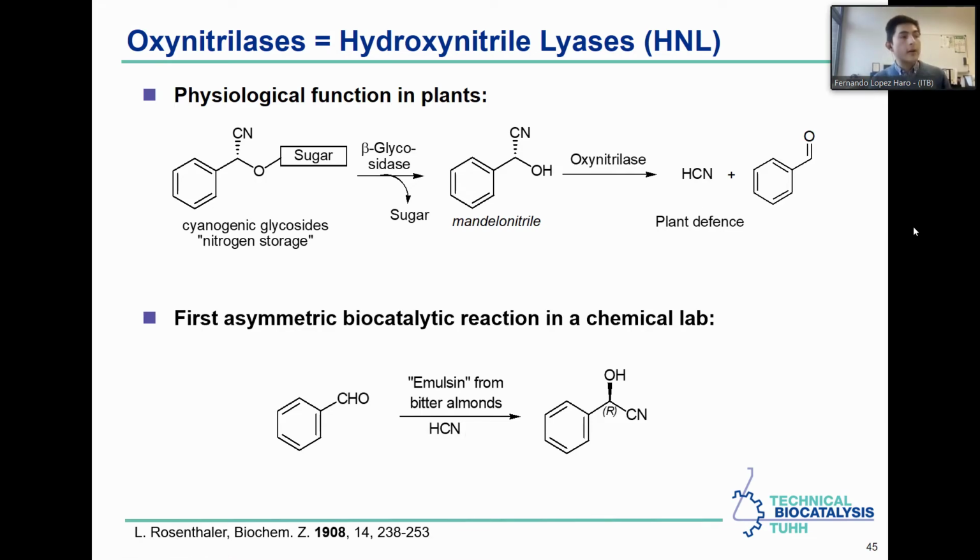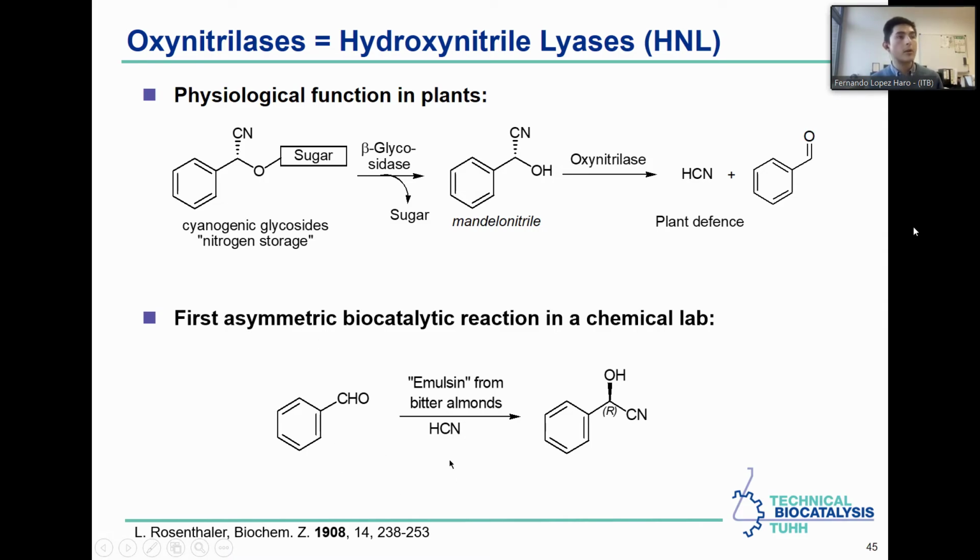This is also a reaction worth stopping at because it is the first case of asymmetric biocatalytic reactions done in a chemical lab. What was done is this compound right here, benzaldehyde, was left in the presence of emulsin, so crushed bitter almonds, and it was exposed to hydrogen cyanide.